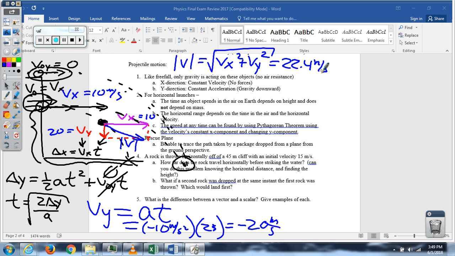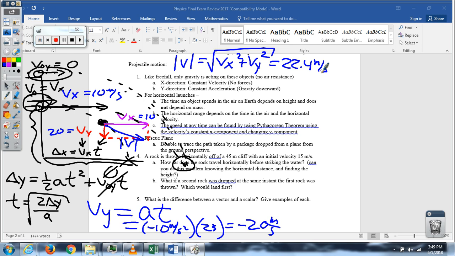So the object has sped up as we expected to, because it was falling, but the number might not be easily predictable if we didn't do it in this way. We were able to say that the Vx, which was 10 meters per second, is how fast it was initially moving forward.